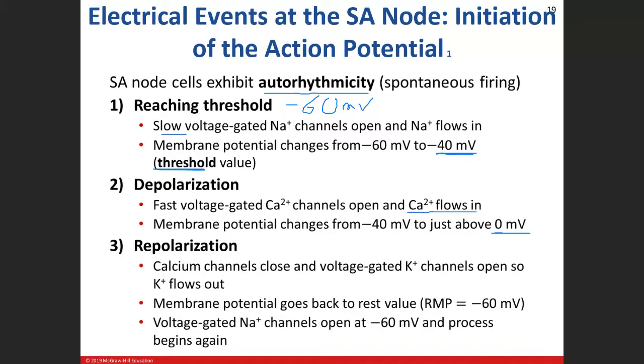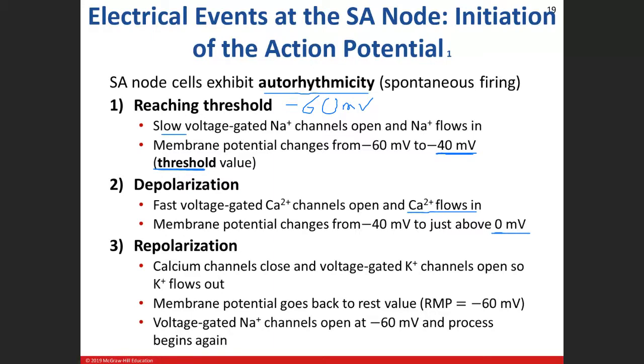So what always follows depolarization? Repolarization. As soon as we reach this 0 millivolt value, our potassium channels are going to open up. Our sodium and calcium channels have closed already.